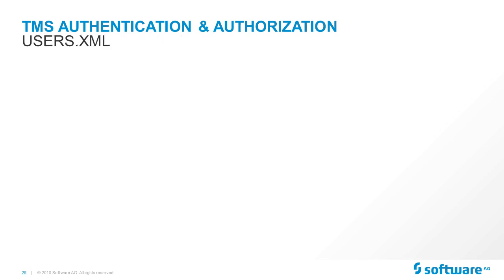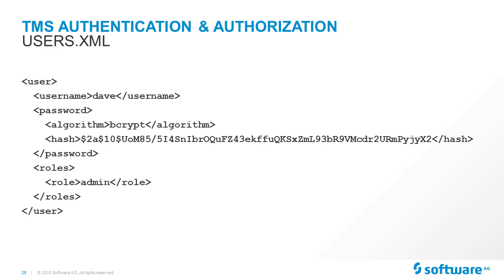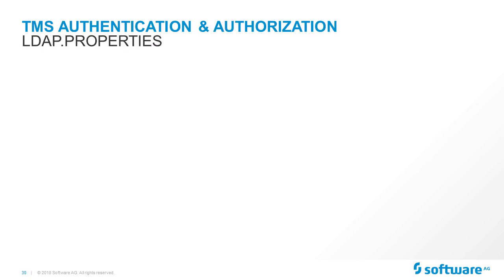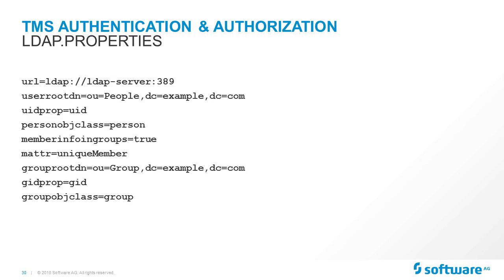So let's see an example of the users.xml file that includes that role information. Here we've just got one user, Dave, and you can see that underneath the password section there's a roles section, and in this case he's specified as having the admin role. Similarly, the LDAP.properties file becomes more complex as you add in information about roles.